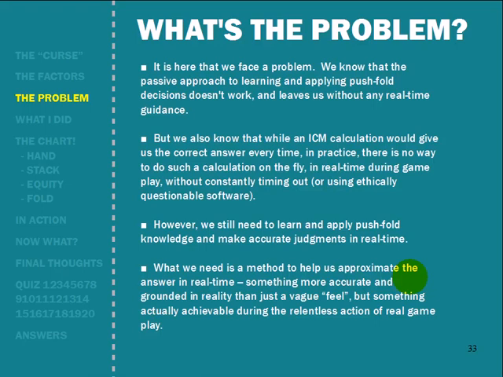But it has to be something that's actually achievable during gameplay, which is totally relentless: one table pops up and then another one does, and you've got to make a decision. So we need something more realistic and more grounded in reality than just that vague feel.